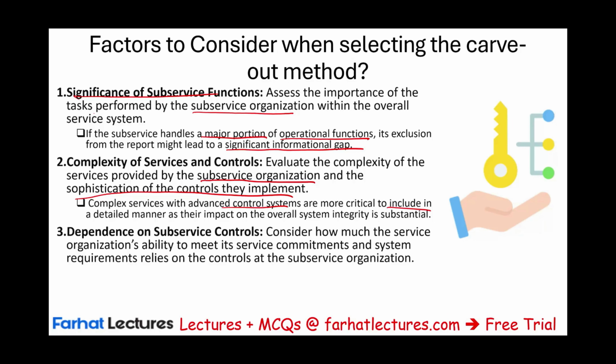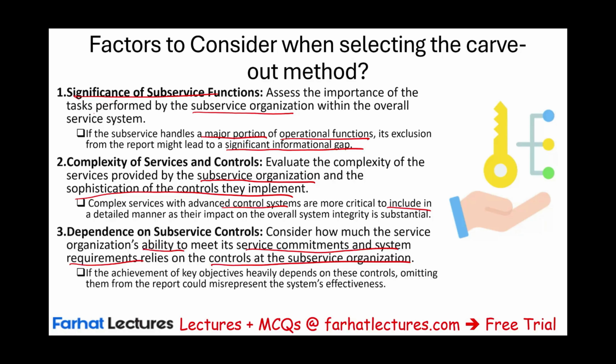Dependence on subservice controls. If you are dependent on their controls, you have to consider that. Consider how much the service organization's ability to meet its service commitments and system requirements relies on the controls of the subservice organization. The more you rely on them, the more you have to go toward the inclusive method.